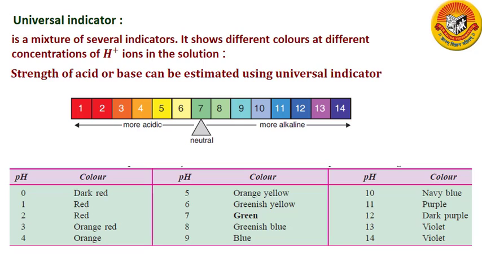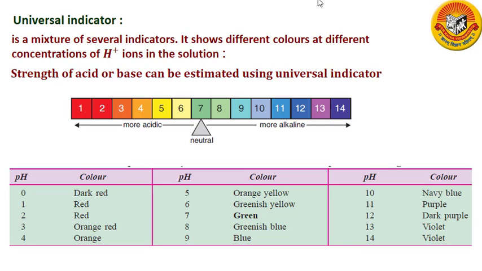Let us see how we test the strength of acid or base. A drop of the solution to be tested is put on a strip of universal indicator paper. These universal indicators we have in the form of paper, and we put a drop of solution. The indicator paper will undergo a change in color.